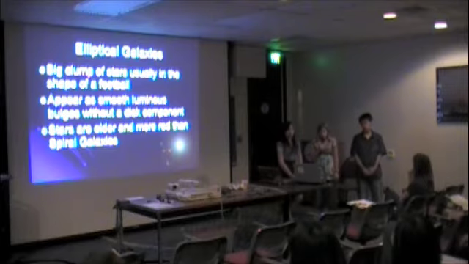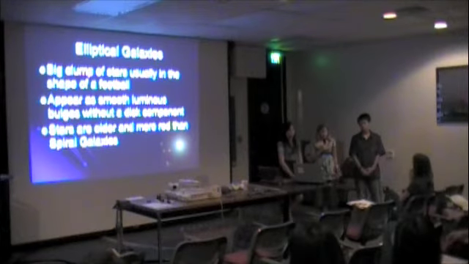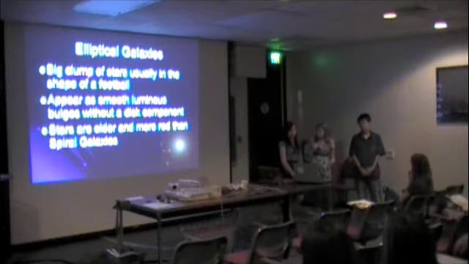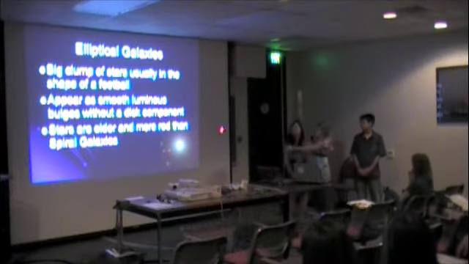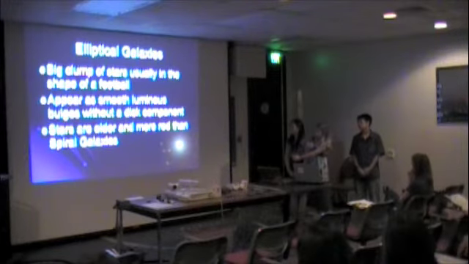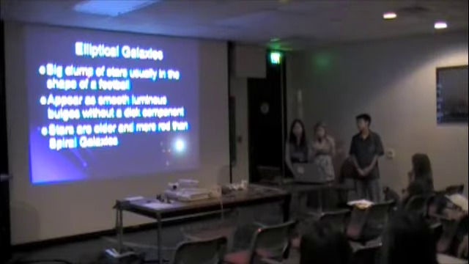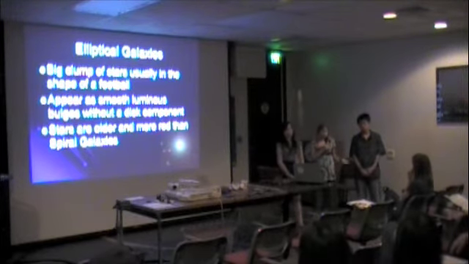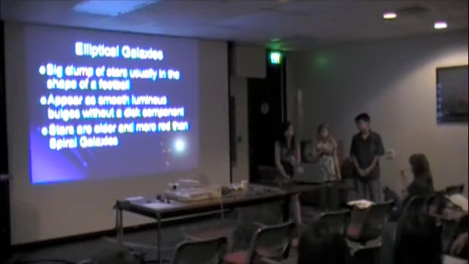Some scientists believe that they are the result of merging galaxies. Elliptical galaxies usually appear as a bulge about the shape of a football, and they look smooth and don't have any disk or arms like a spiral galaxy does.